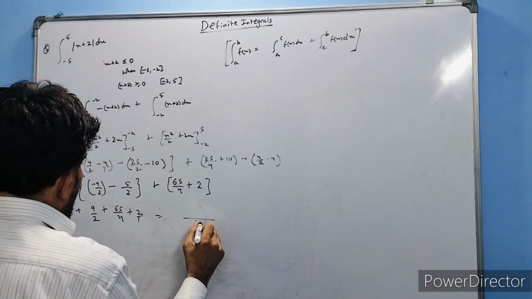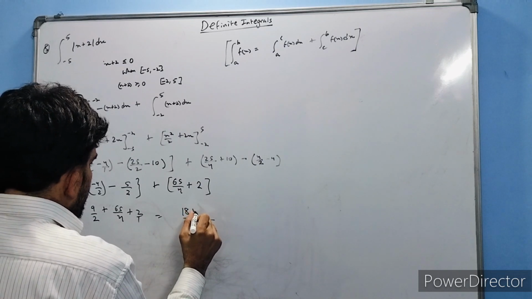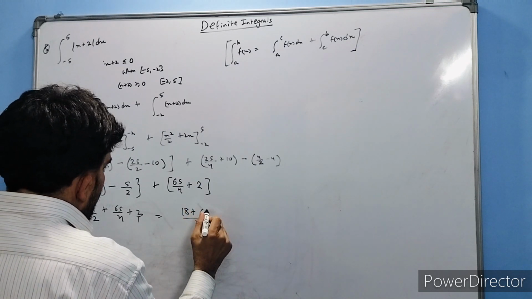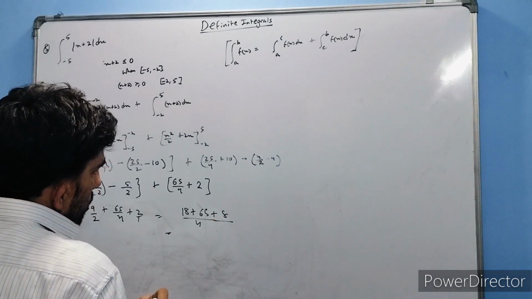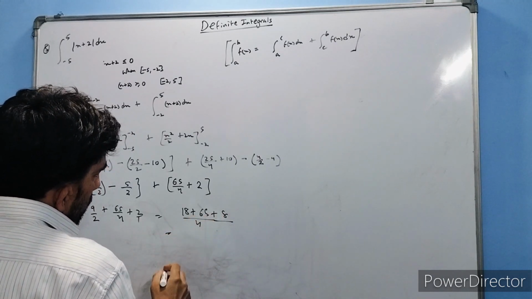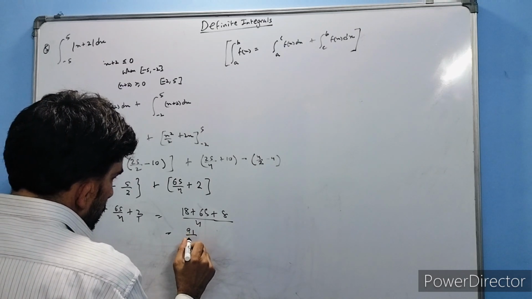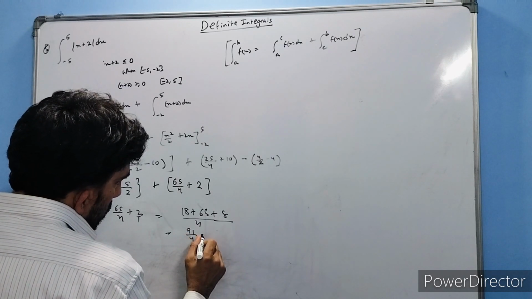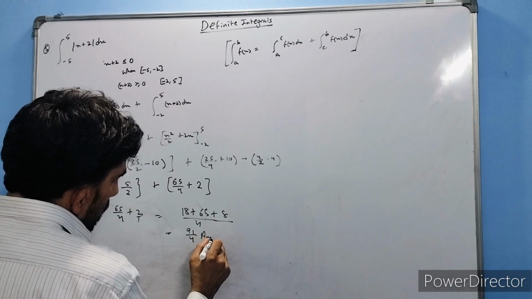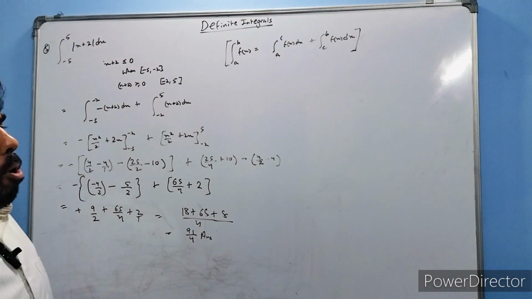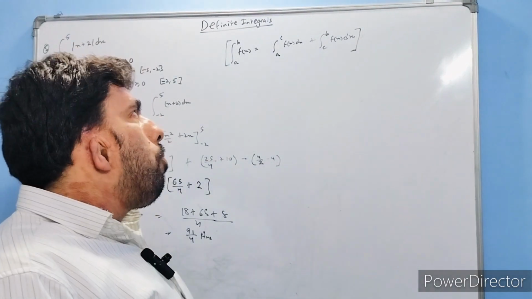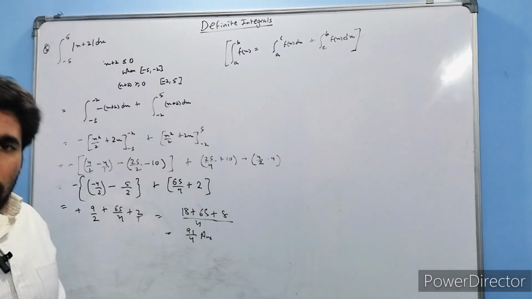We take the LCM 4, so 18 plus 65 plus 8, which is 391 upon 4. So I got my answer here. That is how we apply the properties to evaluate the definite integral.